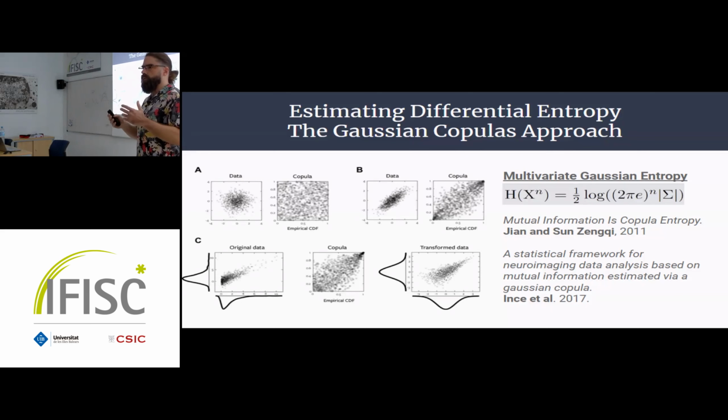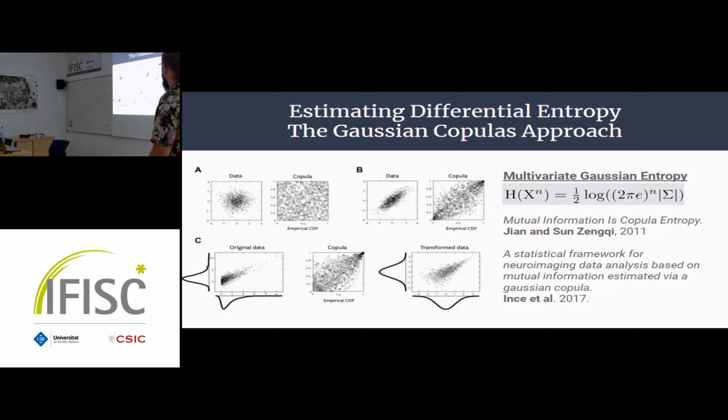Of course, you will be making a reduction on your data, but it allows you to transform your data into a Gaussian space, preserving the interactions. That is called the copula. And with that, you can use the Gaussian expressions for multivariate entropy. So this is the equation for differential entropy for a multivariate Gaussian. Once you transform your data into marginal Gaussian variables, you can use this approach and optimize quite a lot the metrics.